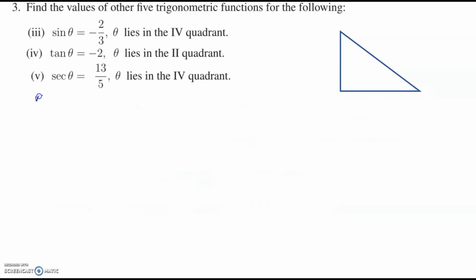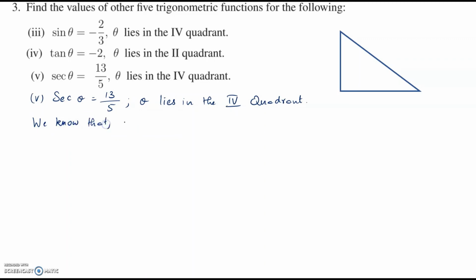Now for our fifth problem. So given to us, secant theta is equal to 13 by 5 and theta lies in the fourth quadrant. Now we know that cos theta and secant theta are positive in the fourth quadrant.